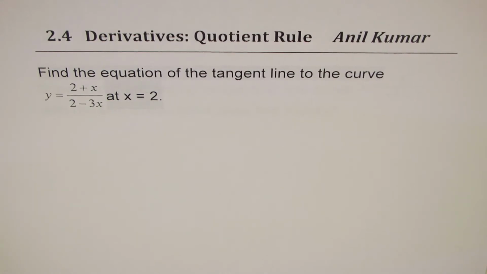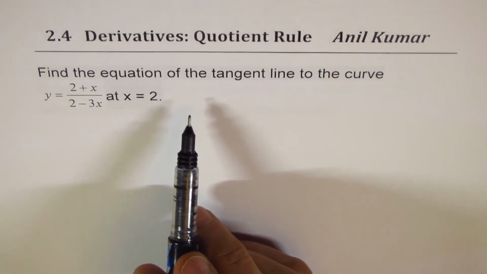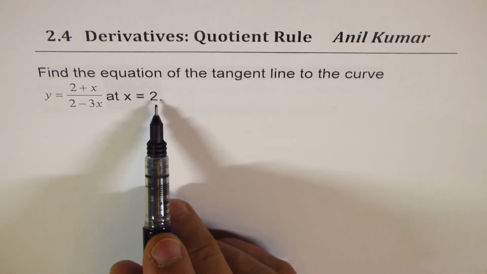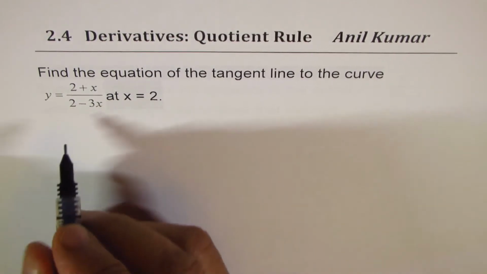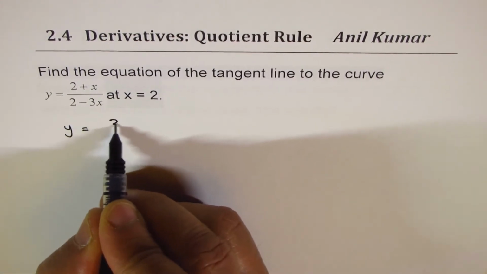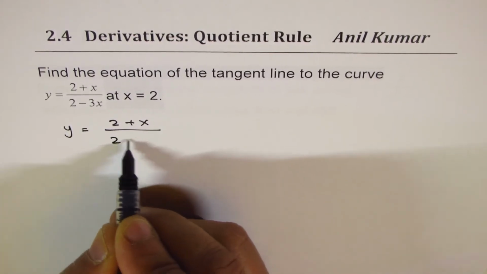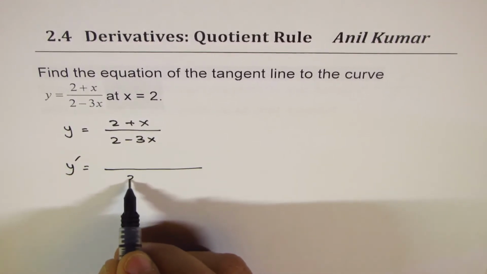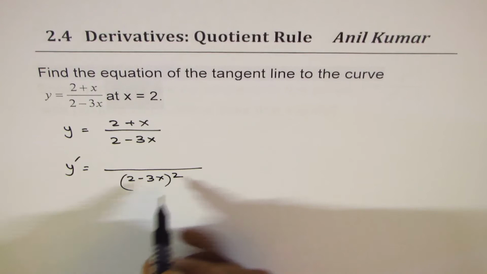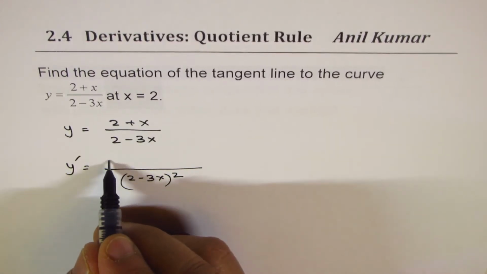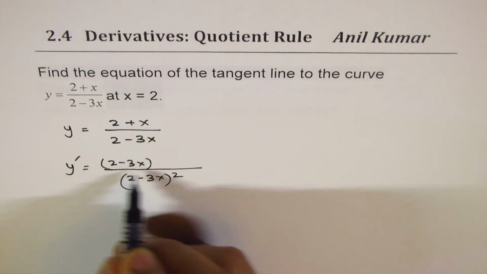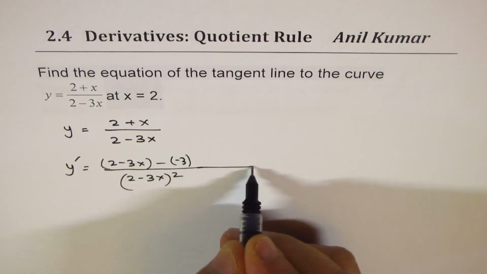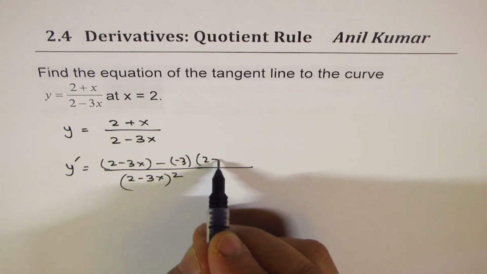Okay. So here we have another question similar to the previous one with a slight difference. It says find equation of tangent line to the curve at a given point. So first step is of course to find the derivative. So we have y equals 2 plus x over 2 minus 3x. So the derivative of this function is over 2 minus 3x whole square. Derivative of numerator is 1, so we'll just write 2 minus 3x minus derivative of denominator, which is minus 3, times 2 plus x.